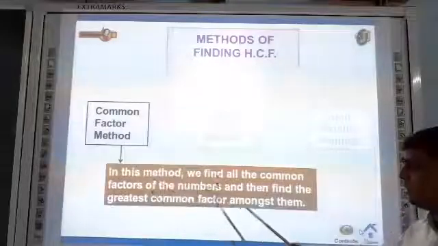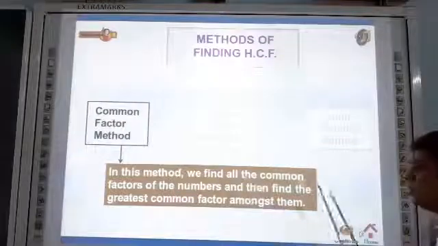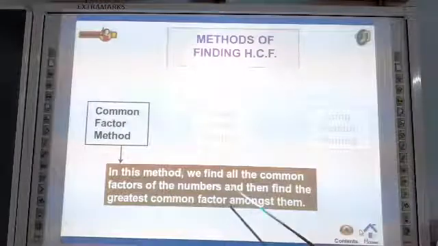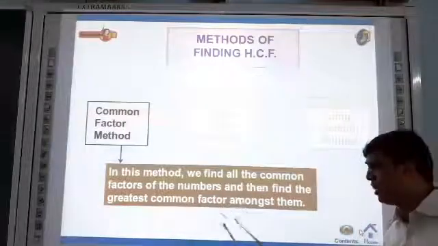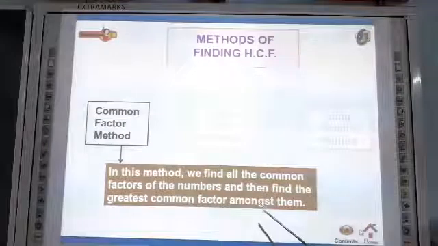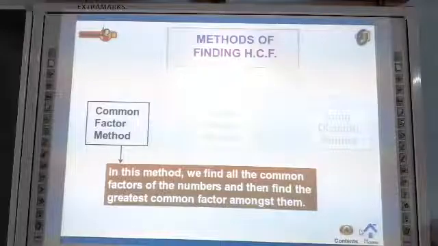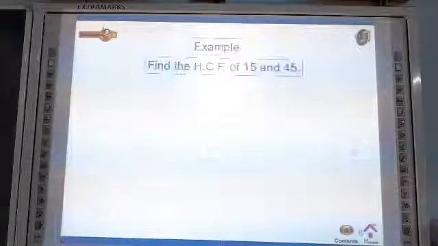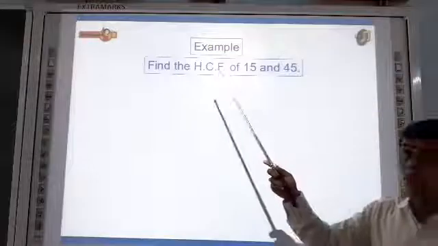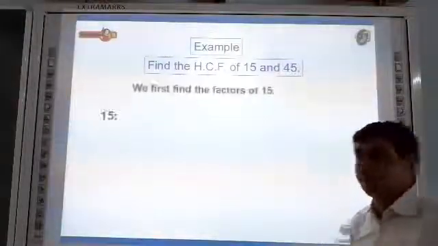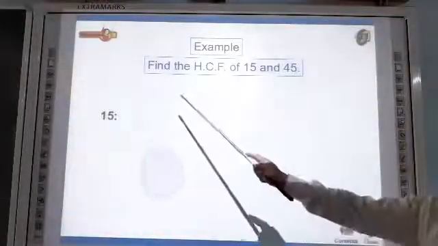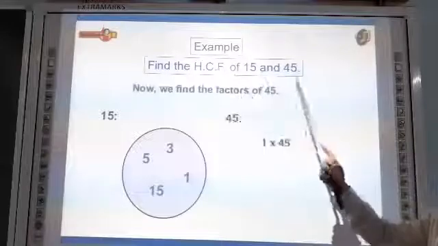In this method, we find all the common factors of the numbers and then find the greatest common factor amongst them. Okay? For example, find the HCF of 15 and 45.